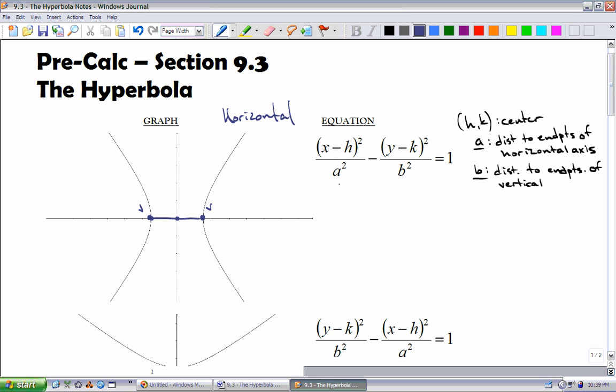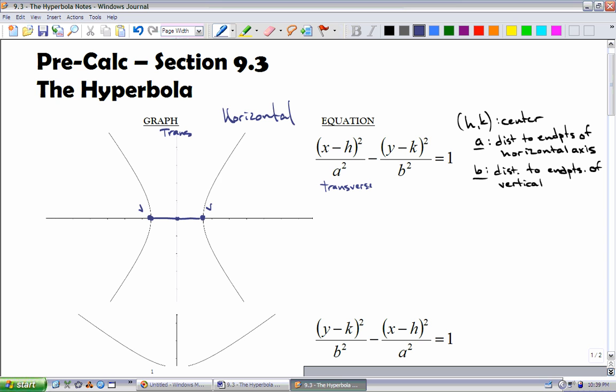Now, that horizontal axis in this case, because it opens side to side, is called your transverse axis. That's our transverse axis in this case, because x comes first.